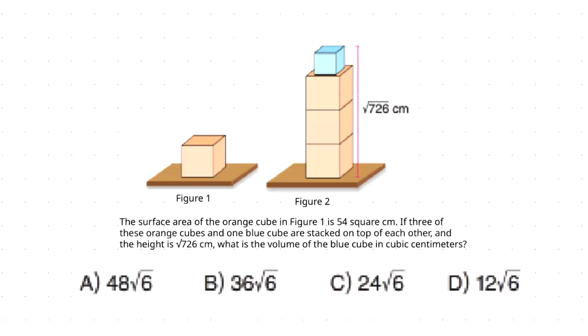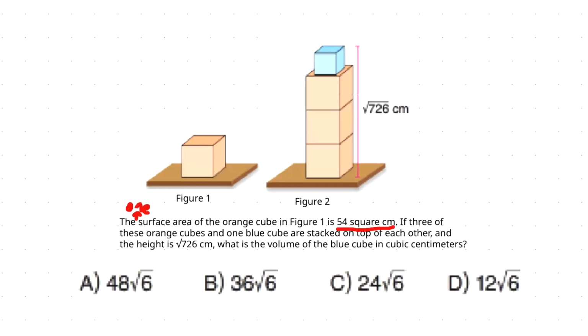In the problem they said one surface area of the orange cube in figure 1. In the original problem, it says one surface area of the orange cube is 54 square centimeters. I need to correct that. Not the whole surface area of the cube we're talking about.